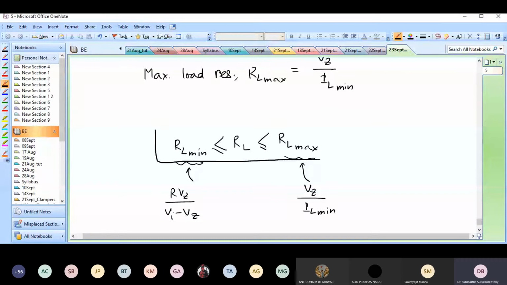This is our desired range. This is how you decide the maximum and minimum value.